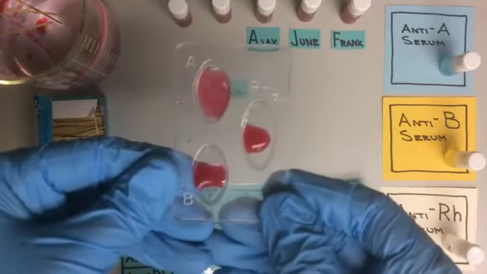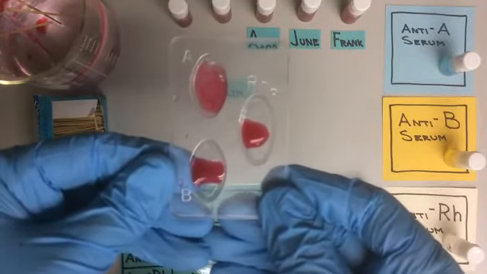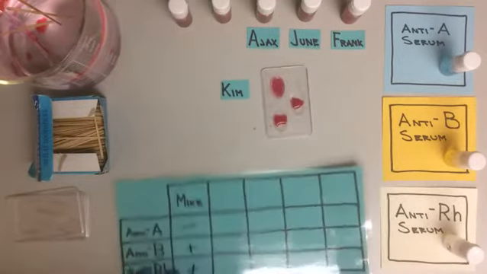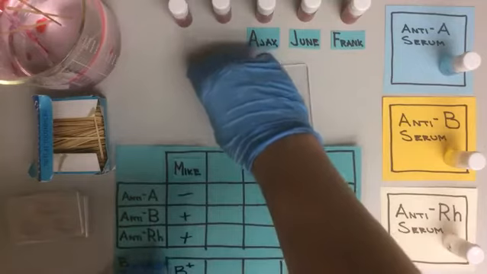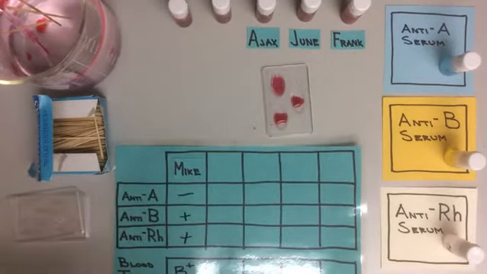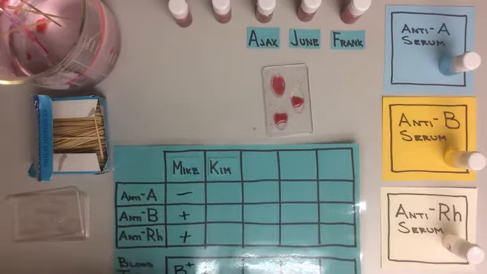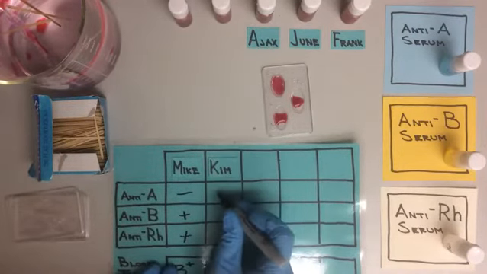We see that there is clumping. Agglutination has occurred. So Kim is positive for anti-A.